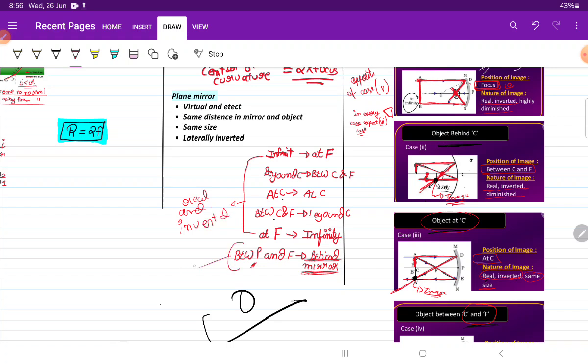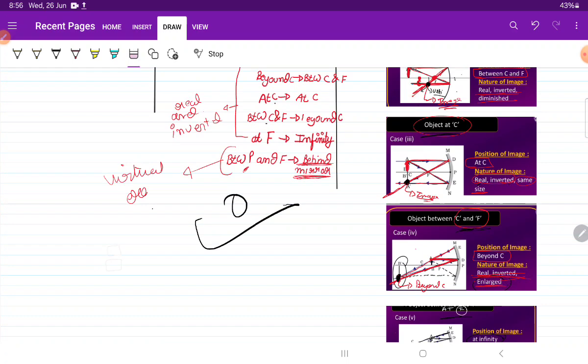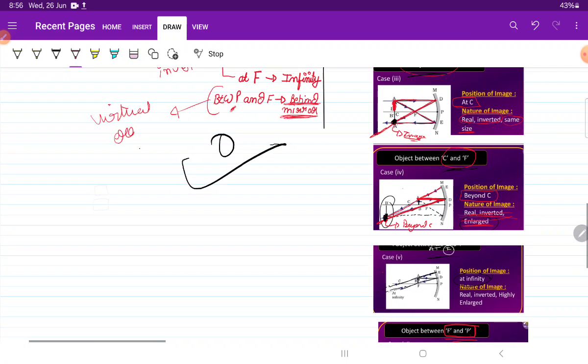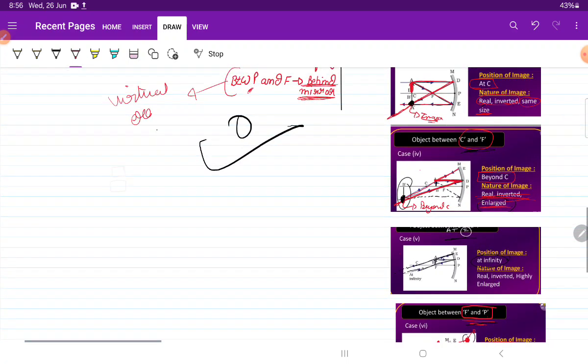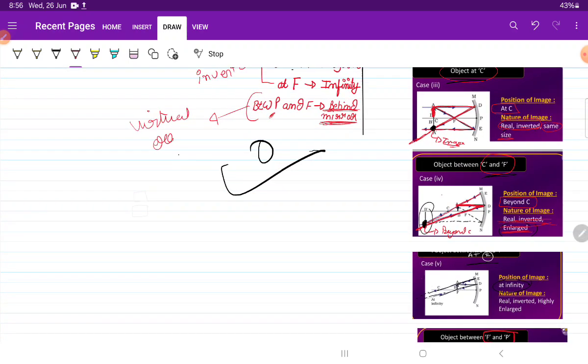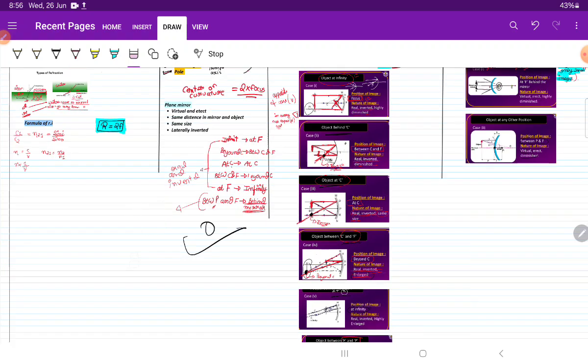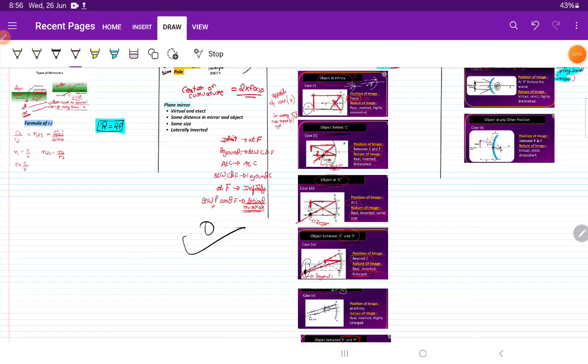But in the last case, it will be virtual and erect. Students, I hope that it is visible to you all. So you can learn all the things in a very easy manner by making the shortcut tree to remember them.